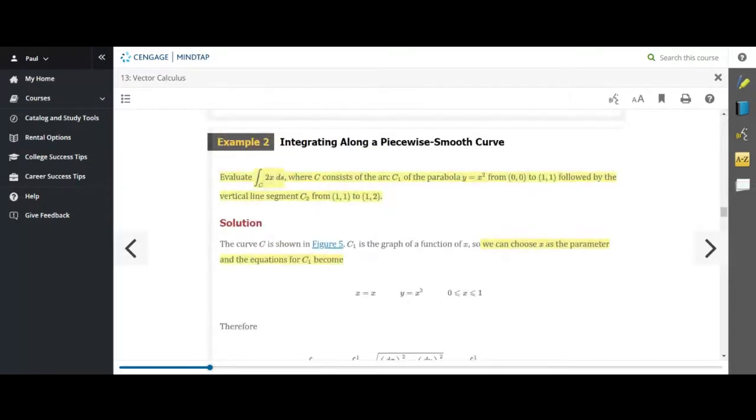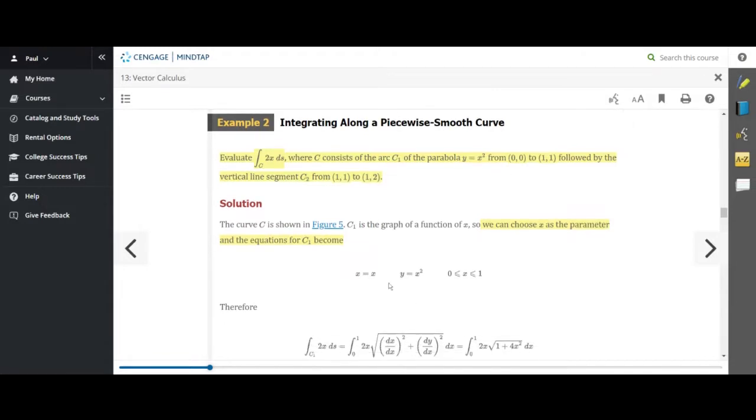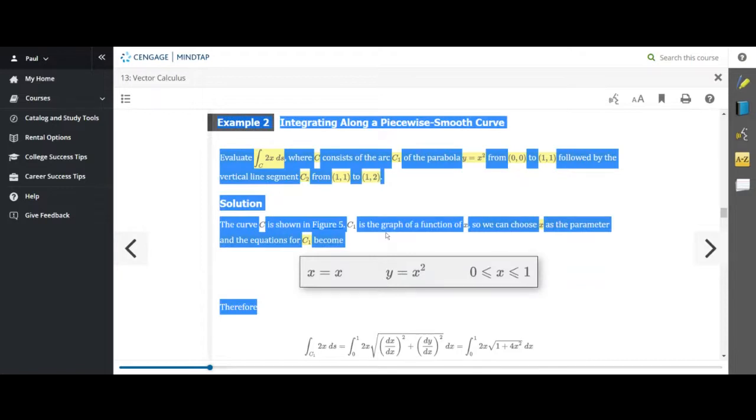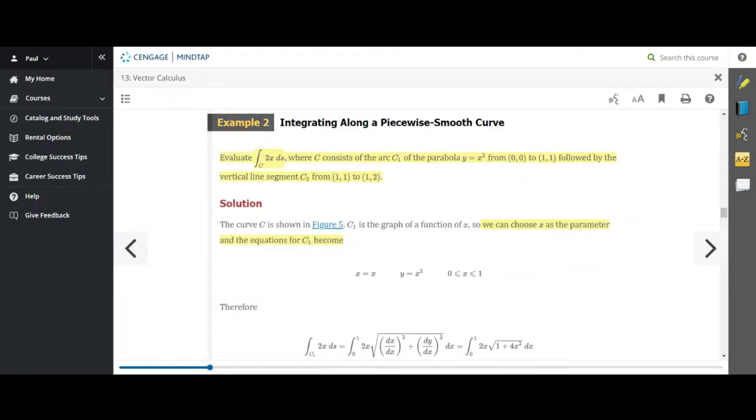Usually I like my parameter to be t, but you don't have to let your parameter be t. For the parabola, if you were to let your parameter be x, then x would go from 0 to 1, and y would equal x squared.